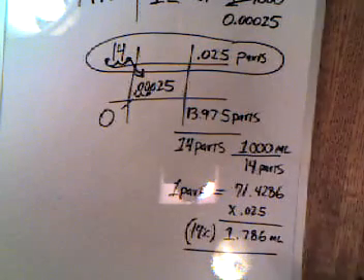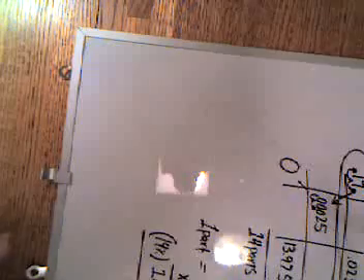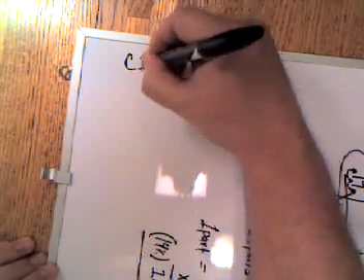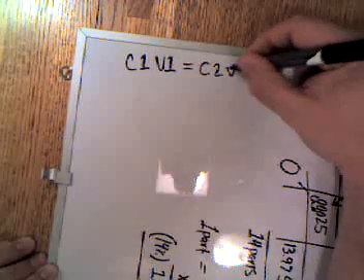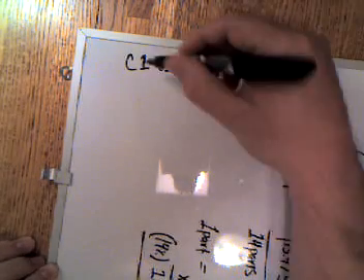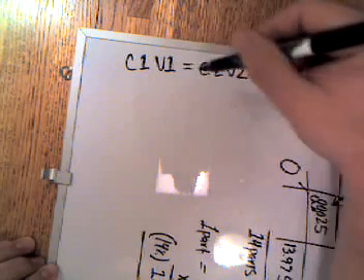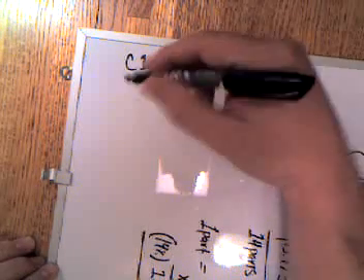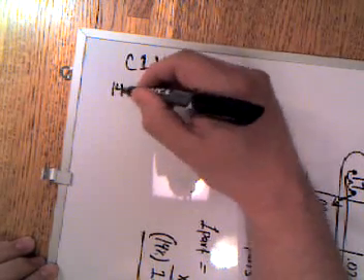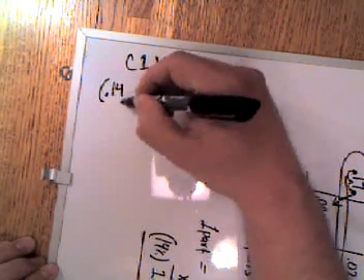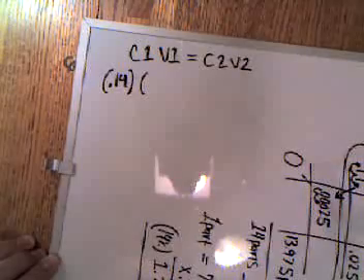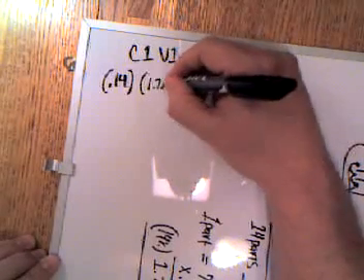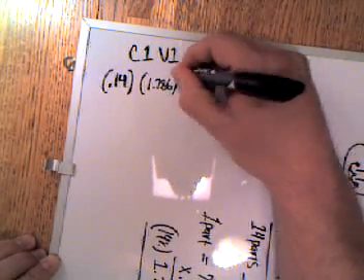Now to check the answer, let's go ahead and do that. So I will use C1V1 equals C2V2. So our C1 is our concentration of our 14%. So we'll write that as 0.14, and volume of that is this 1.786 milliliters.